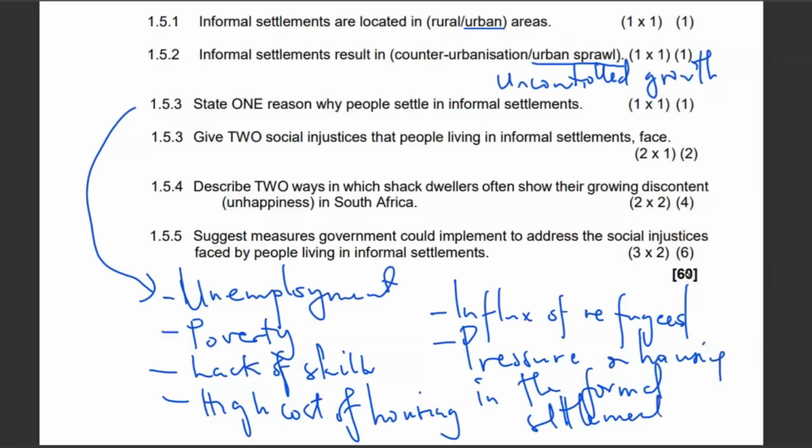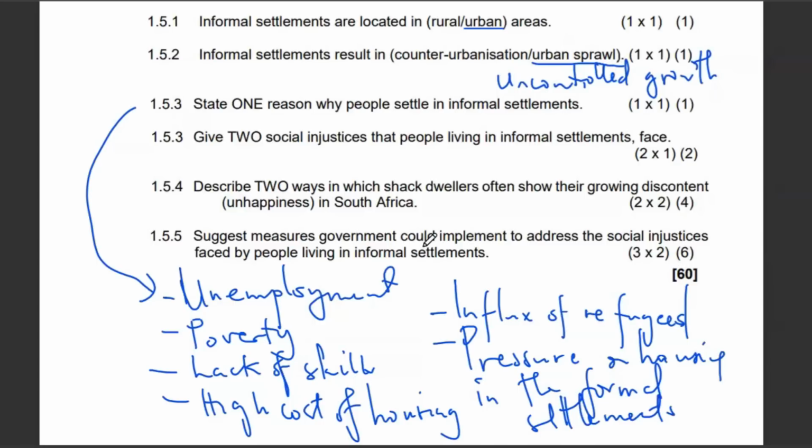Because of the pressure on housing in the formal settlements, it also leads to the increase in the rentals. The price of accommodation will get high because there's high demand. And as a result, that will lead to some people not affording to stay in the formal settlements.